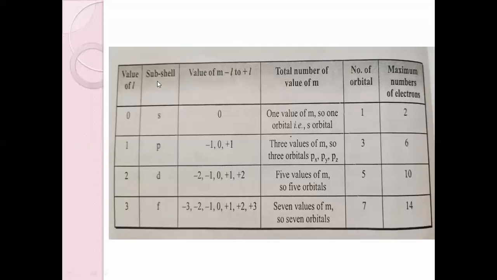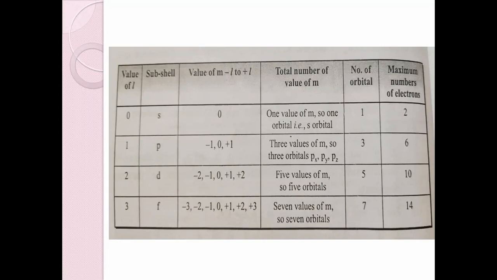So these are the different subshells with the values of L. This table you have already done. How many orbitals are present in SPDF? That also we have understood now. What are the number of orbitals that are present? This also we calculated just now. And lastly, what are the maximum number of electrons? What is the formula for calculating the maximum number of electrons in the subshell?